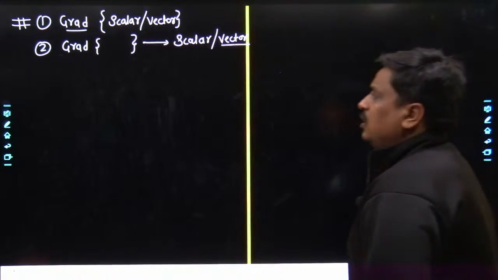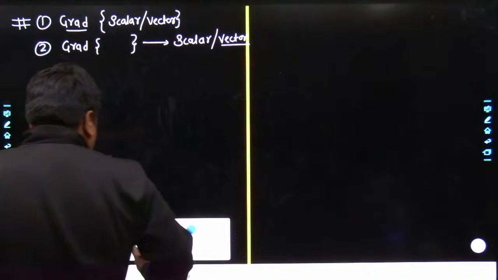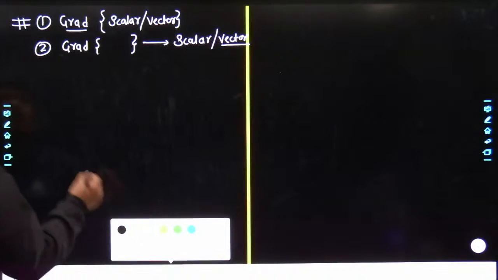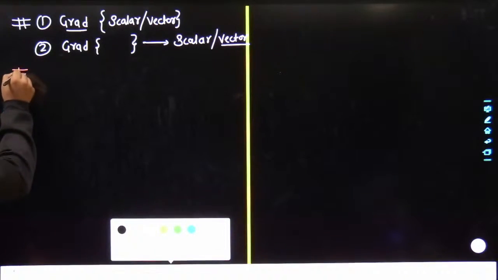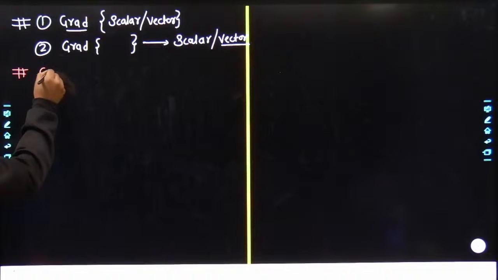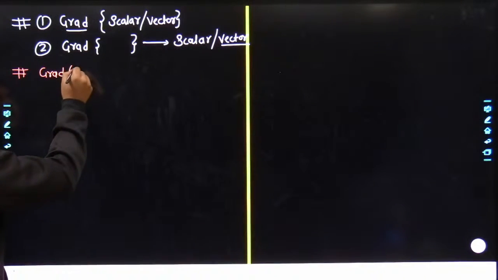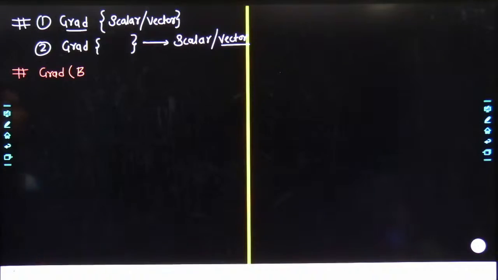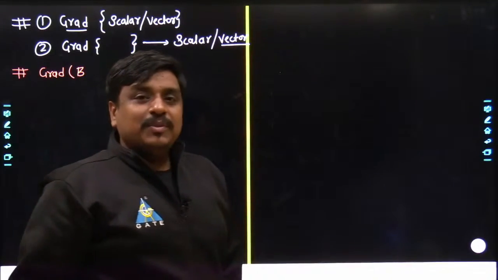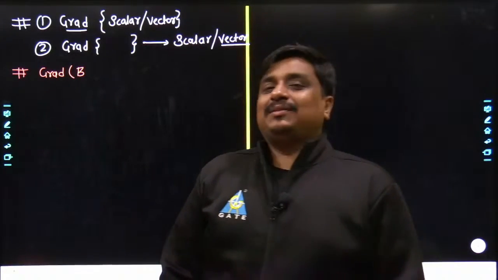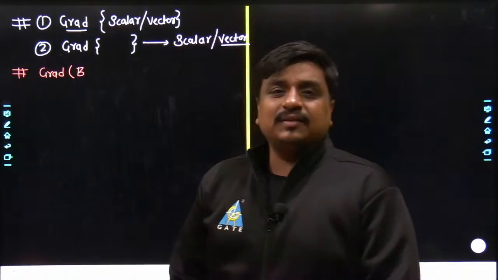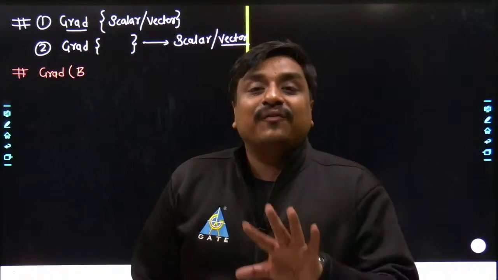Yes. Now let me have a little glimpse about the gradient. The gradient would always be applied over the scalar field. I may write this as B. Now many of the students would have the doubt: sir, what does it mean by the vector field and what does it mean by the scalar field? My dear friends, whenever I say field, by default it is merely a function.